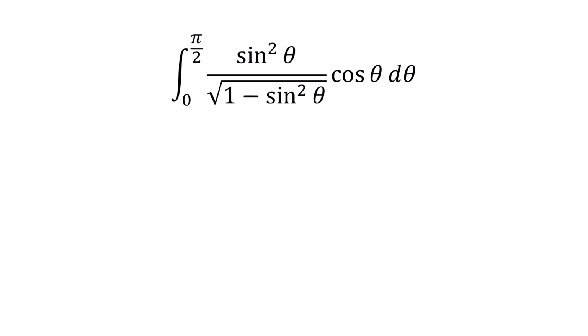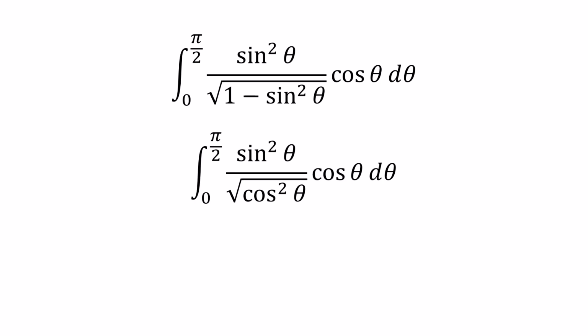Applying the Pythagorean identity then gives the integral from 0 to pi over 2 sine squared of theta over the square root of cosine squared of theta cosine of theta d theta.